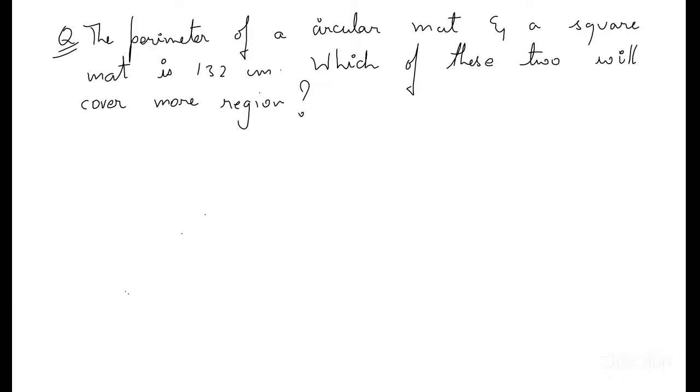So first we'll find out the side. Perimeter of square mat is how much? Perimeter of square mat is 132 centimeter. Side will be 132 by 4. So one side will be 33 centimeter.